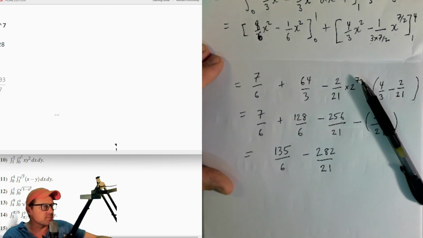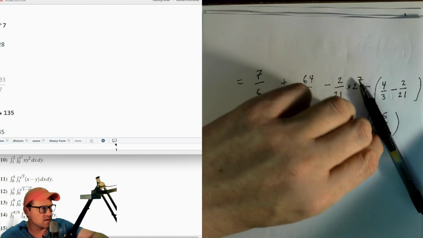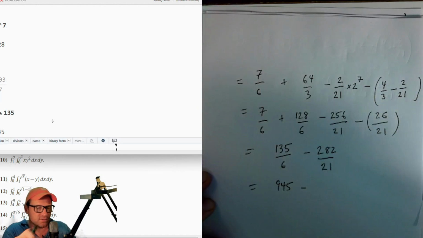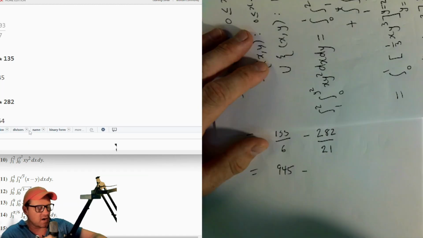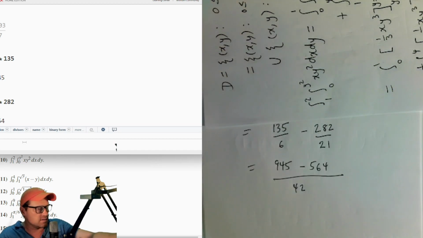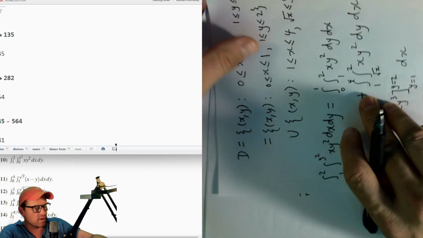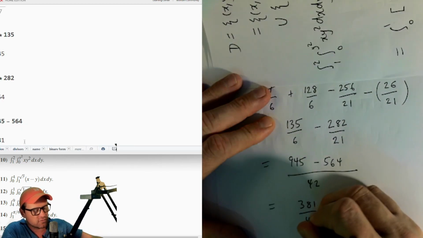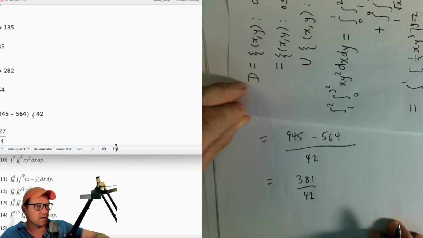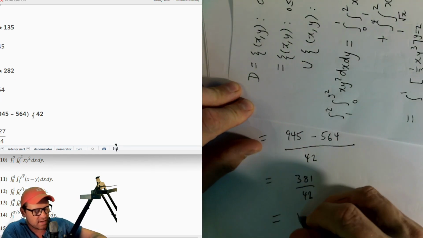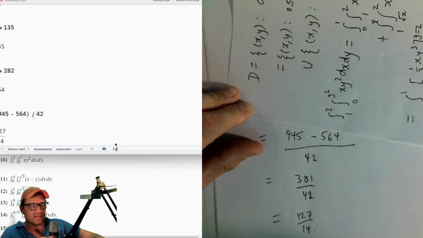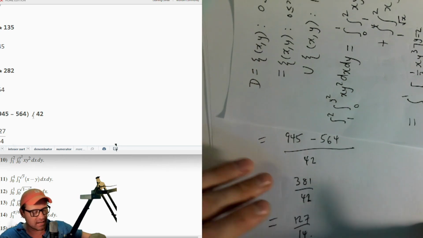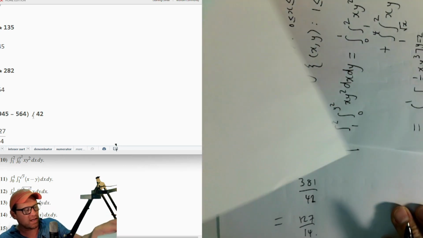So 7 times 135, 945. And 2 times 282, 564. Okay, and so let's subtract. So we've got 381 over 42. And so we end up with 127 over 14 again. So that matches what we got calculating this in the first way, all right?